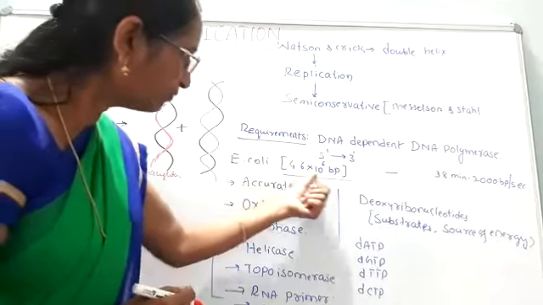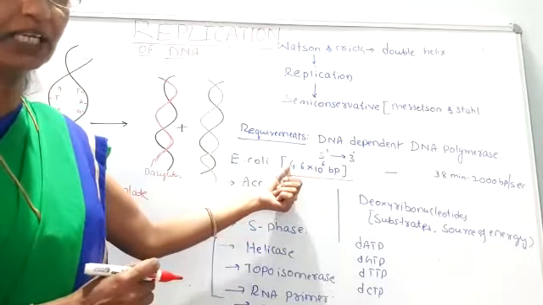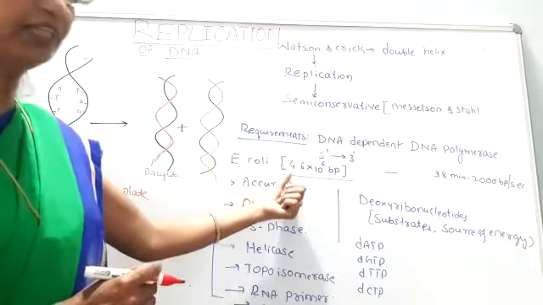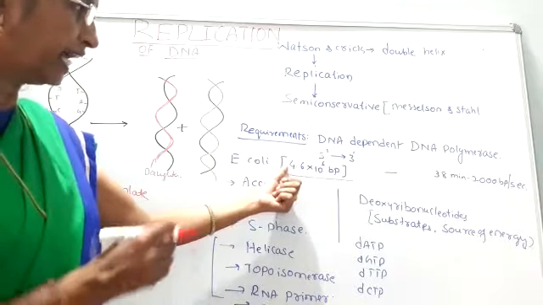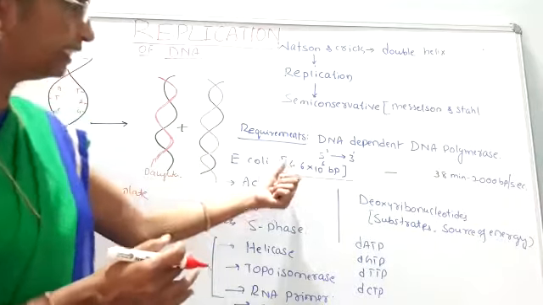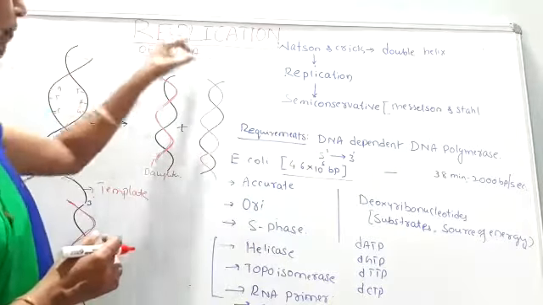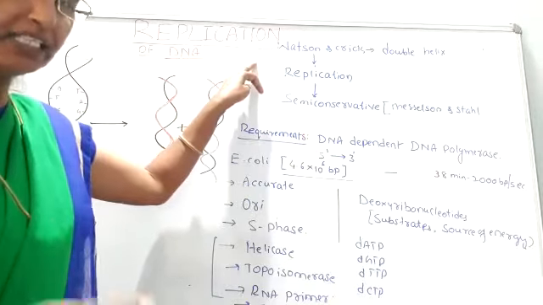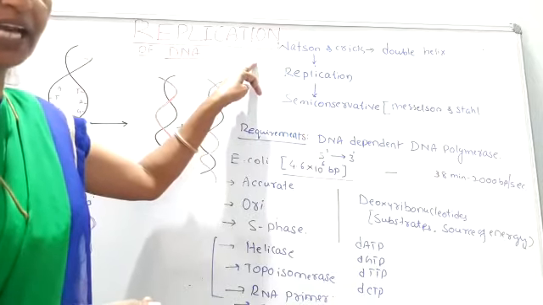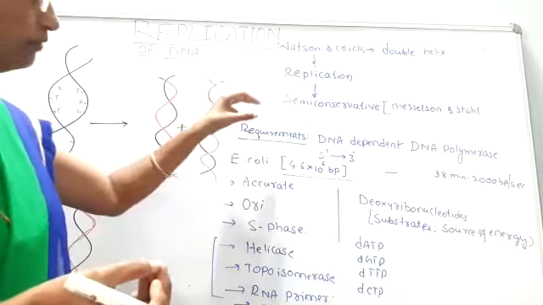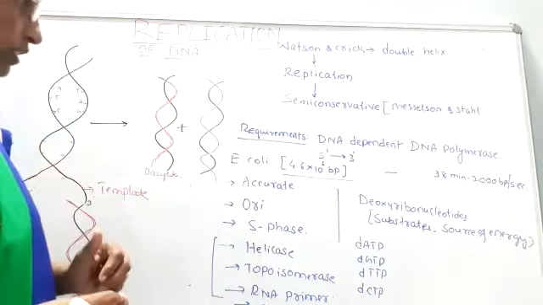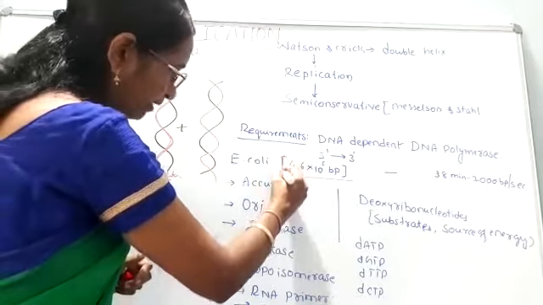To polymerize these nucleotides, the synthesis of the E. coli DNA is a highly complicated process, as I said, because it is an energy requiring process. The replication of DNA requires plenty of energy. Hence, it takes time to carry out the process. So you must remember the data.